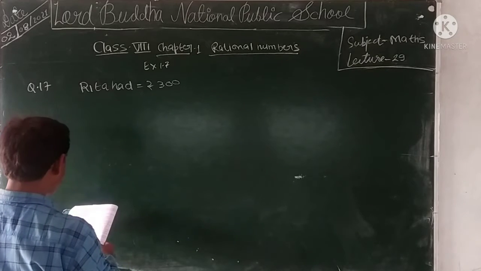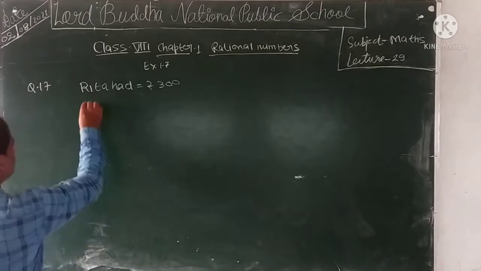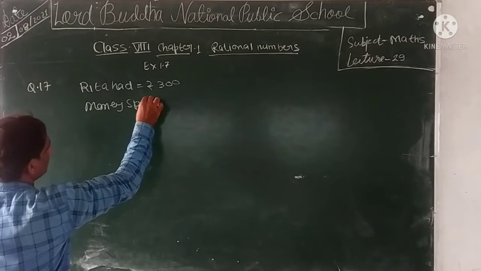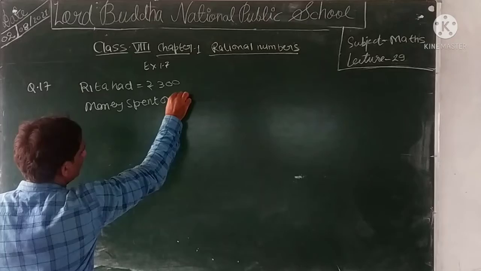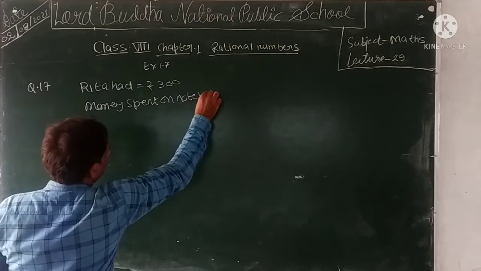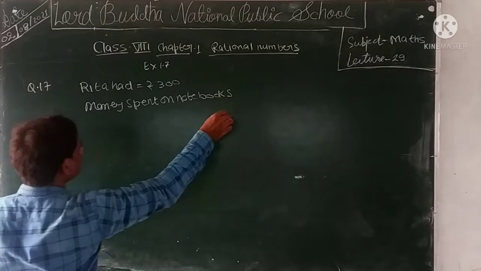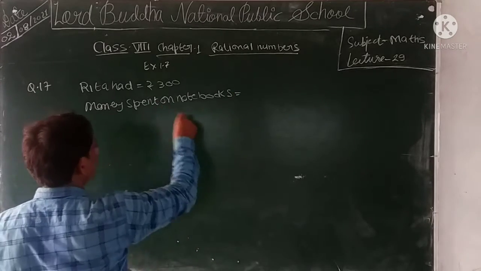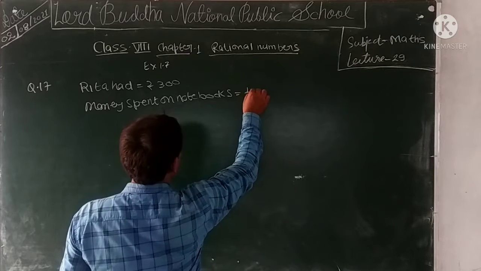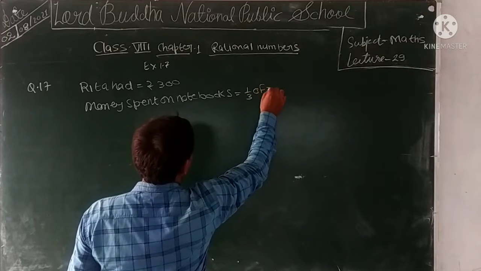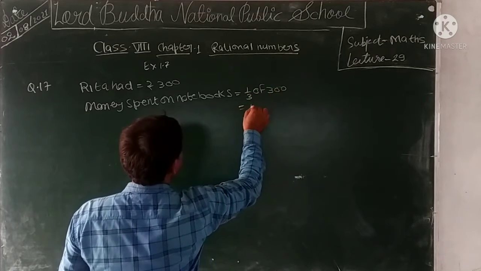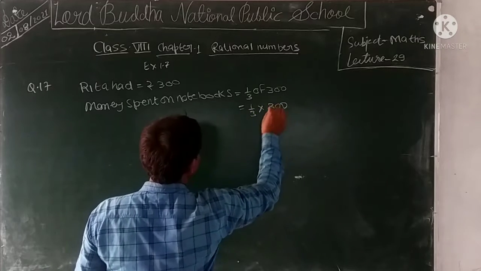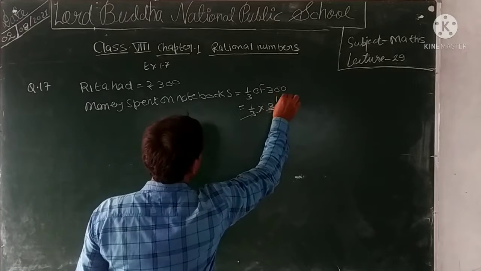She spent 1/3 of her money on notebooks. Money spent on notebooks equals 1/3 of total, means 1/3 of 300, means 1/3 into 300. 3 1s are 3, means 100.